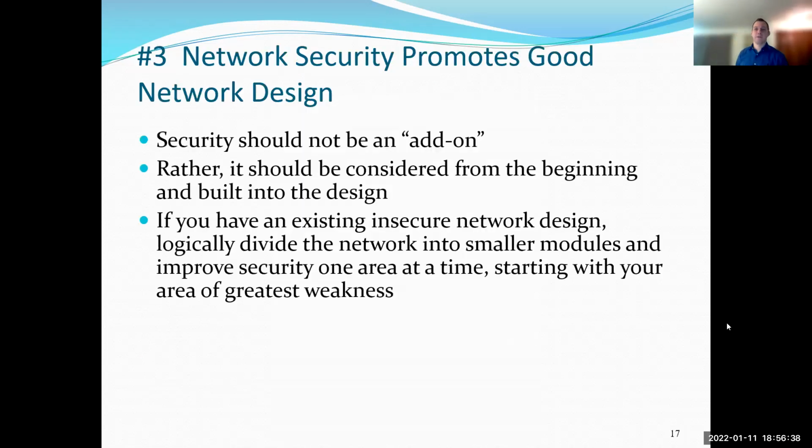Number 3, network security promotes good network design. What that means is that you should not think, okay, let's build a network first, and then let's think about how to secure it. Instead, you should think of both things at the same time, or be mindful of it from the very beginning.